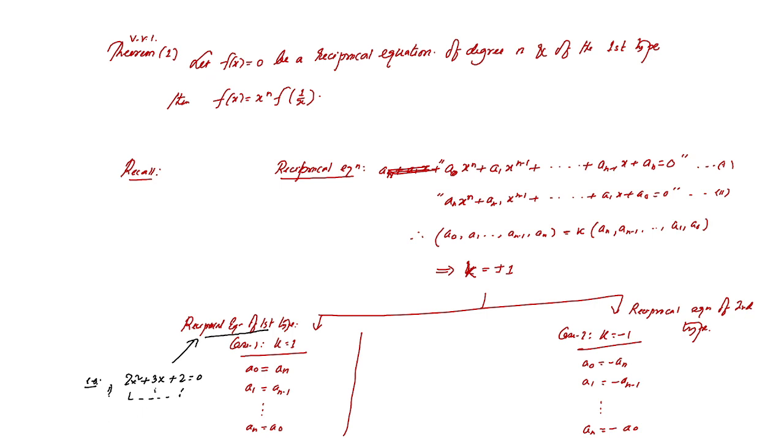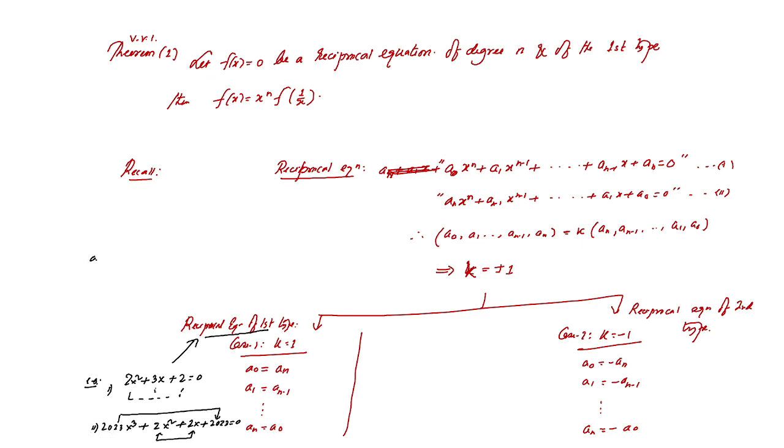Or you can take the example 2023 x cube plus 2x square plus 2x plus 2023 equals 0. Here you will see the first and last coefficients are equal, and these two coefficients are equal.